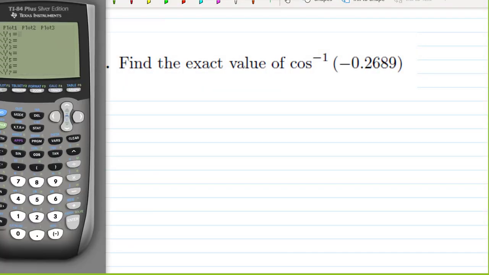Let's put our y equals in, and we're going to graph cosine x. We want to know when cosine x equals negative 0.2689. Let's change our window, and let's just go from negative 2 pi to positive 2 pi. Then let's make our x-min -1 and our x-max +1, and scale in 0.1s. And we go graph.